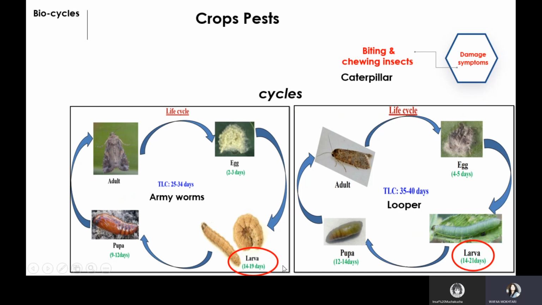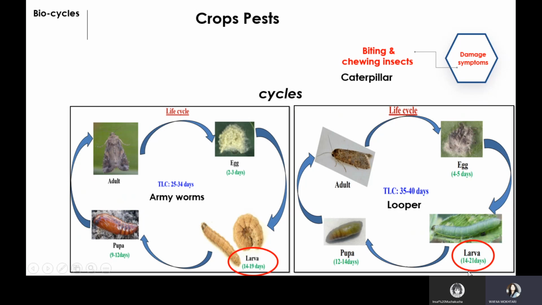However, they have almost the same days of larva time, and this is really important to know, because once you know that armyworm have 14 to 19 days of larva life, this will allow you to know the protection way to act against armyworm.